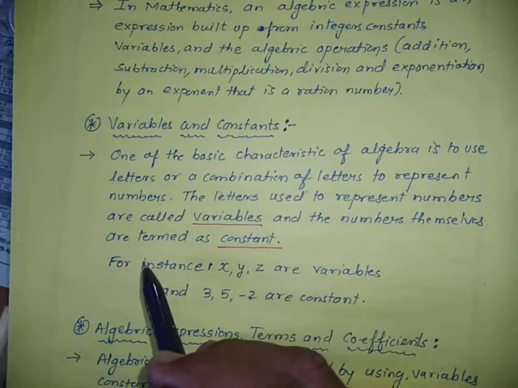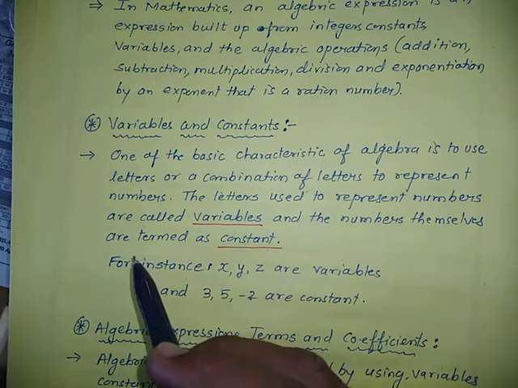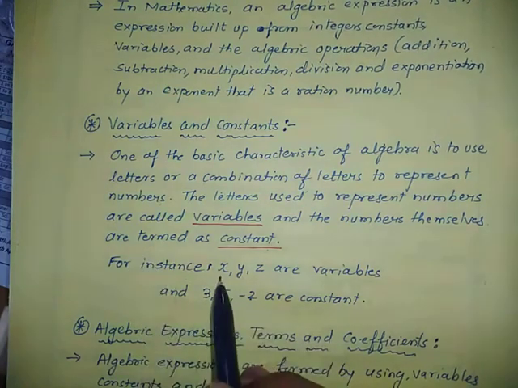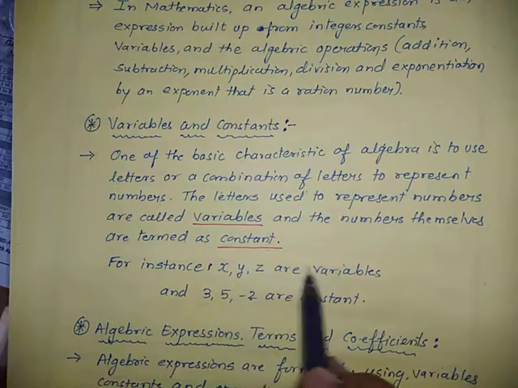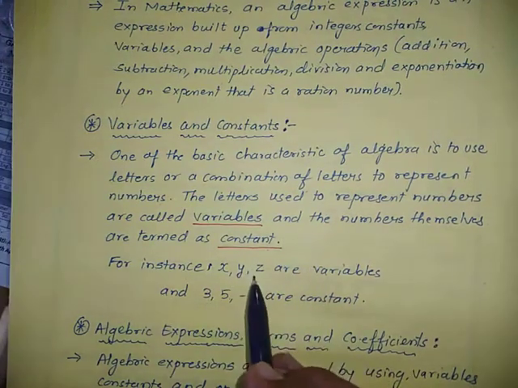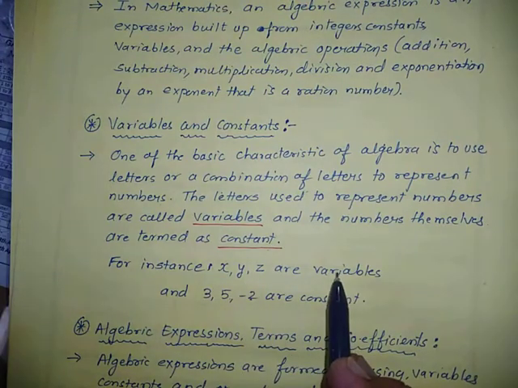Unknown numbers means the numbers which are not known to us. So that type of numbers we represent by variables, that is small cap of English alphabet A, B, C, D, E, F, G till Z. Whichever alphabet we like, we can use as a variable for it.